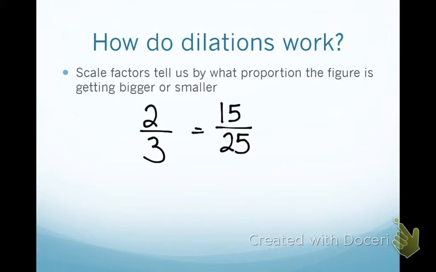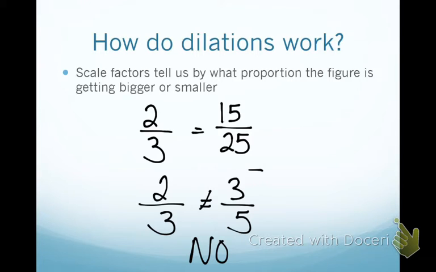Go ahead and do it on your papers. Even if you think you can do it in your head. Tati, what do you think? No. 2/3. What did you get when you reduced 15 over 25? 3/5 does not equal 2/3, so I would say no. They do not form a proportion.